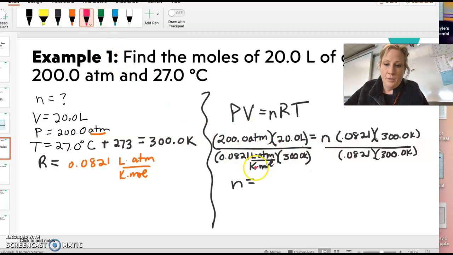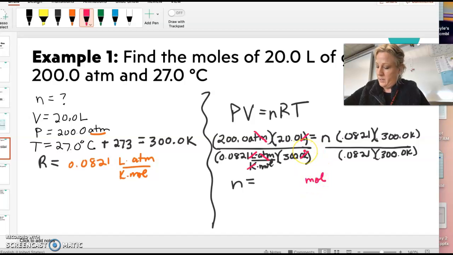And I just want to show you with the unit, you can see that my Kelvins cancel, my atmospheres cancel, my liters cancel, and I'm left with 1 over mole, which ends up flipping and becoming just mole.